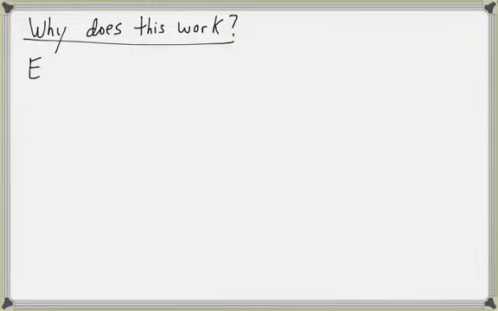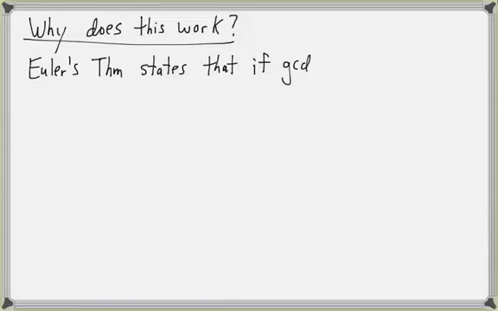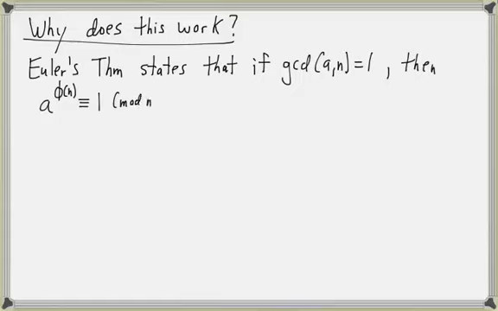Recall that Euler's theorem states that if A and N are relatively prime, so if the GCD of A and N is 1, then A raised to the power phi of N is congruent to 1 mod N.